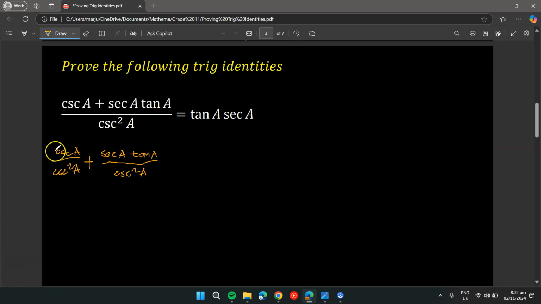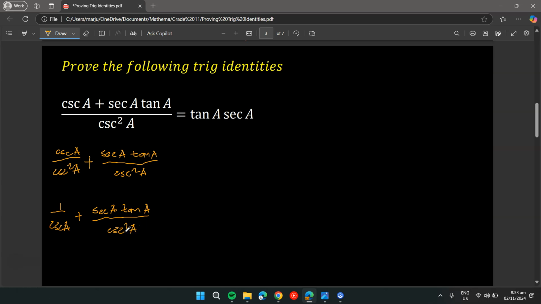Now, by doing this, I can get 1 over cosecant of a, plus secant of a times tangent of a all over cosecant squared of a.